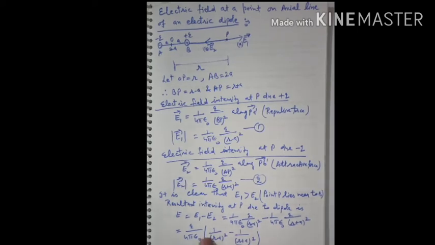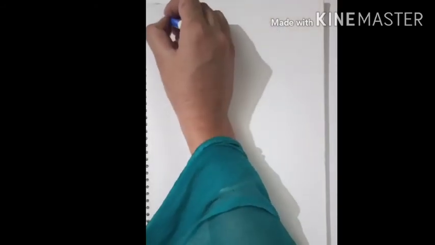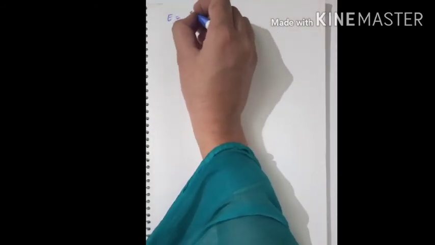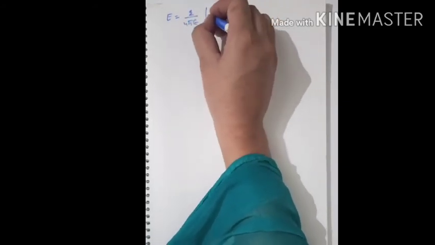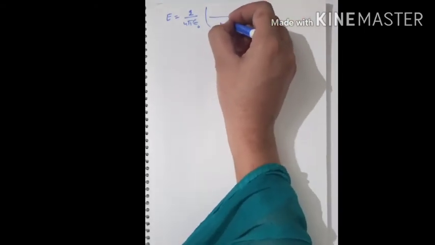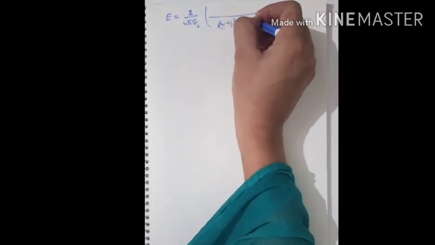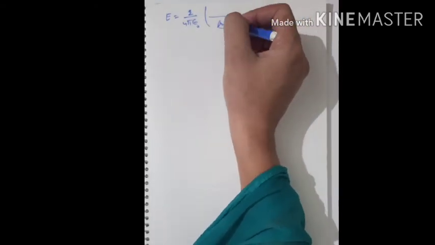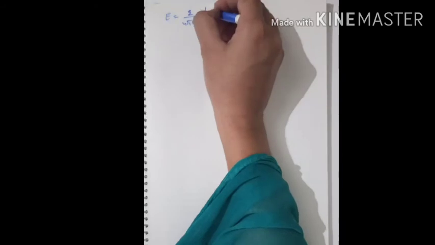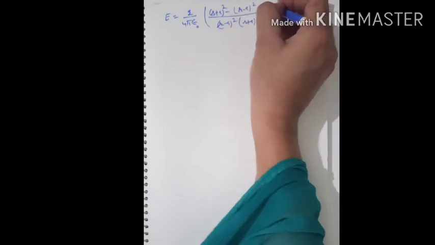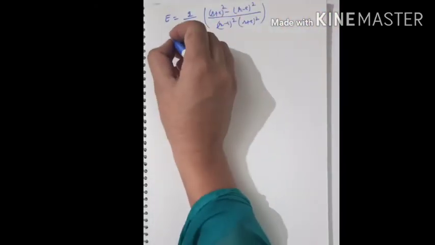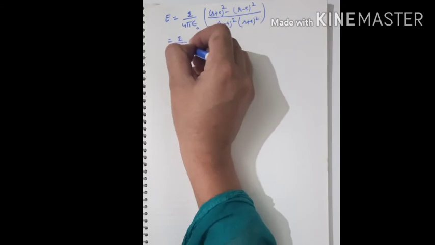Again by solving this we will calculate the net intensity at point P. So E is equal to q by 4 pi epsilon naught. Taking LCM, (r minus a) square (r plus a) square. (r minus a) square cancels in the first part, so here is (r plus a) square minus, similarly in the second part, (r minus a) square.